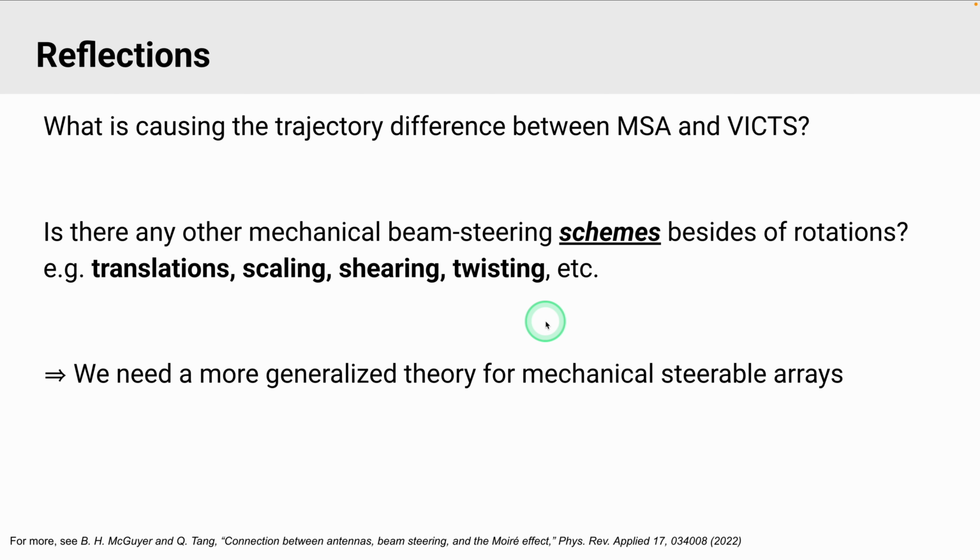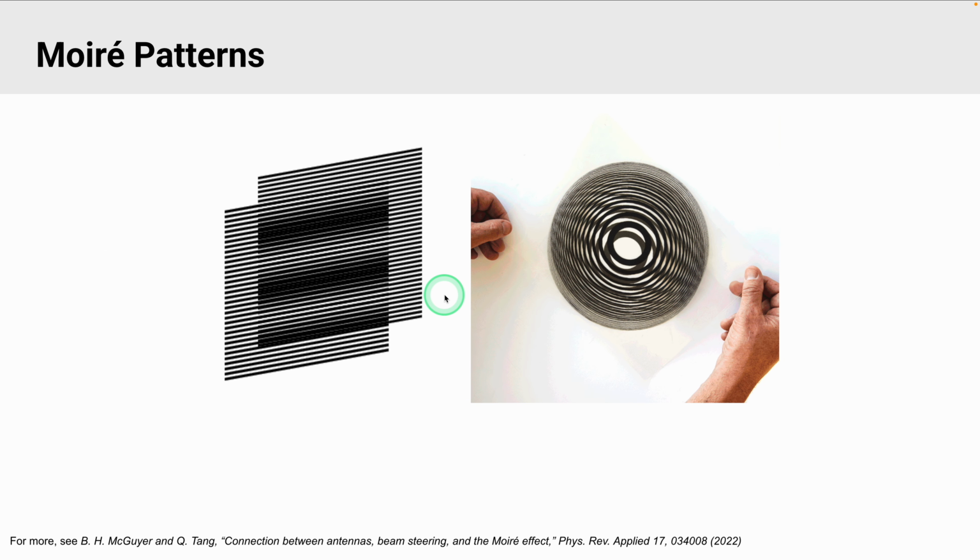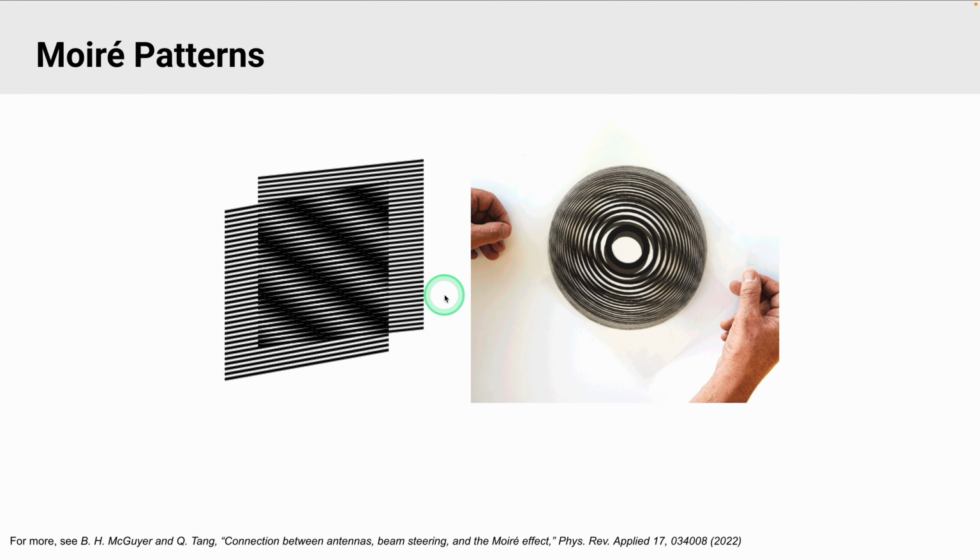Bart and I began to explore other mechanical beam steering methods beyond just rotation, including translation, scaling, and twisting, to see what new possibilities MSA could offer. We quickly realized that we need a better understanding of the underlying mechanism and also a better mathematical expression of MSAs. So that's why we introduced the concept of Moire patterns.